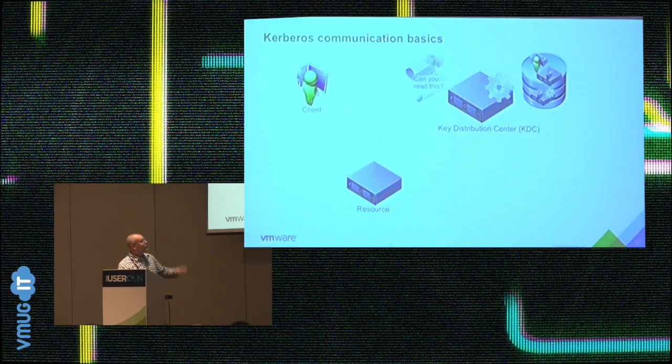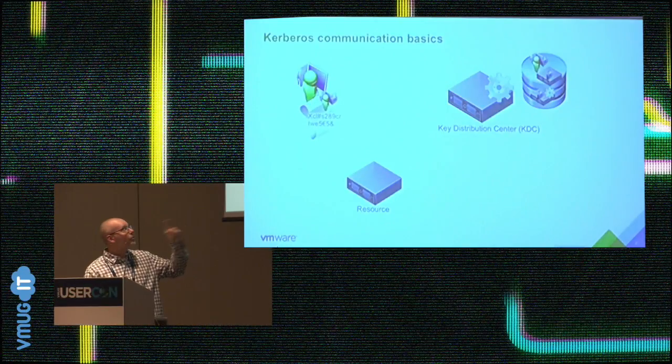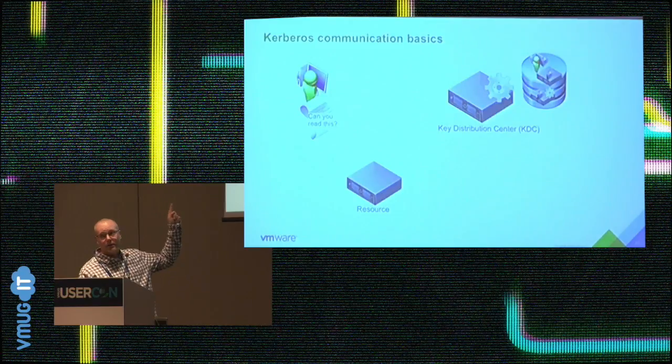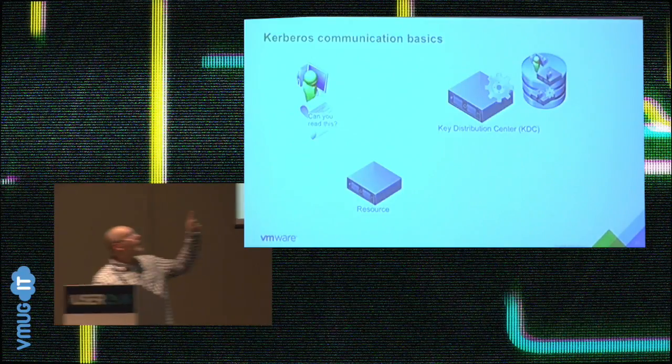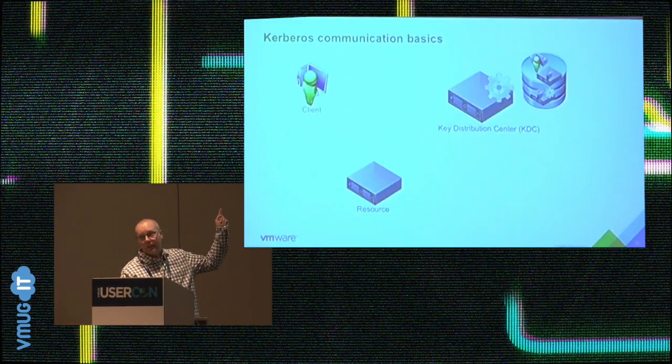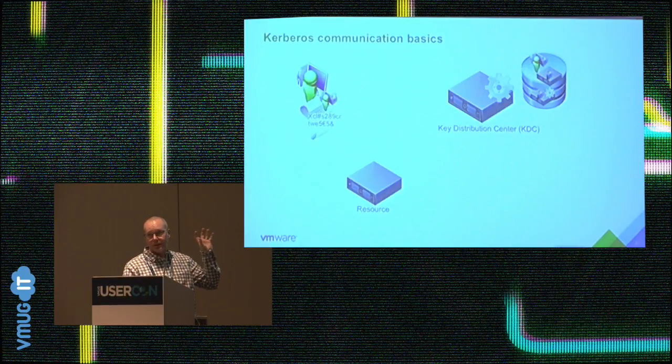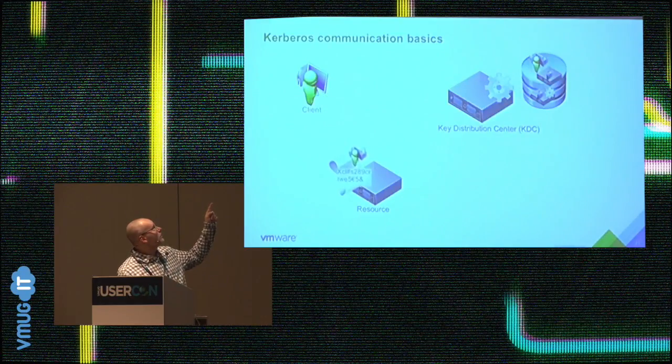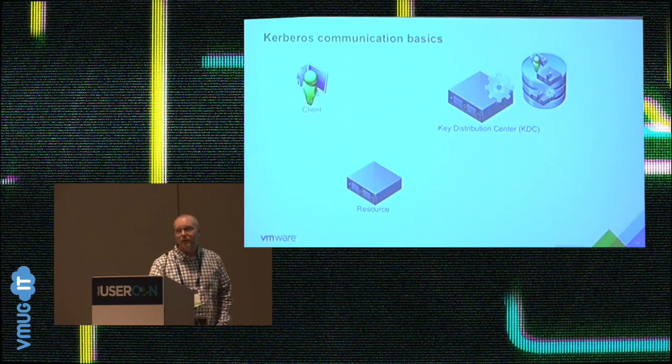I will just give you a short taste for it. But the principle of Kerberos is the KDC can generate a message encrypted with the client's secret, pass it over to the client, and obviously the client can decrypt it because the client knows its own secret. But the client cannot generate a message encrypted with its own secret and then pass it over to the resource, because the resource would not be able to read it.